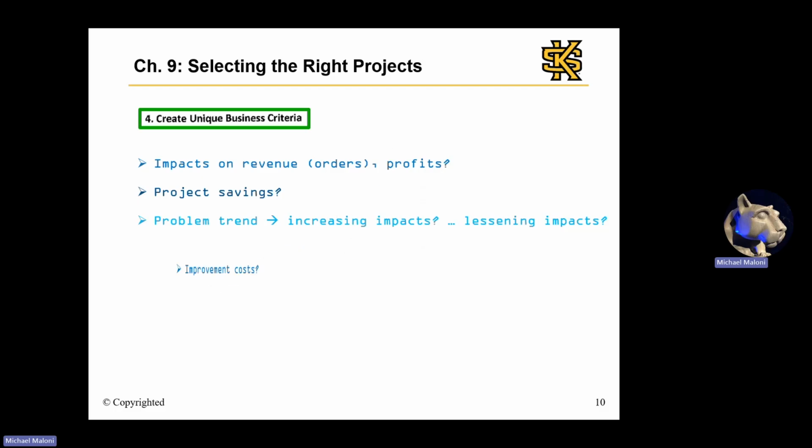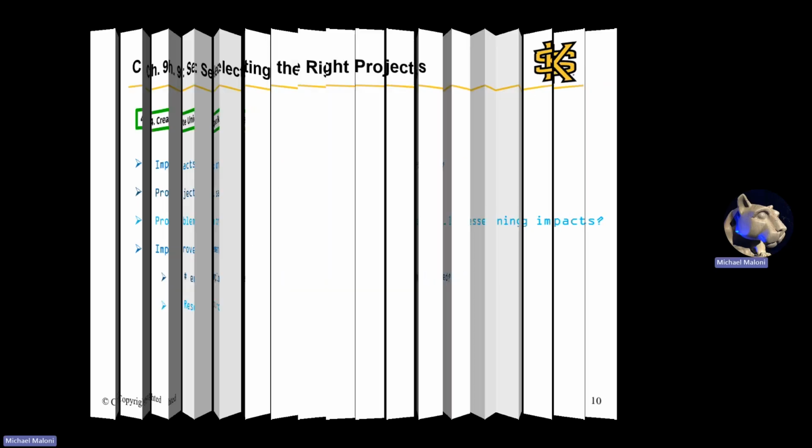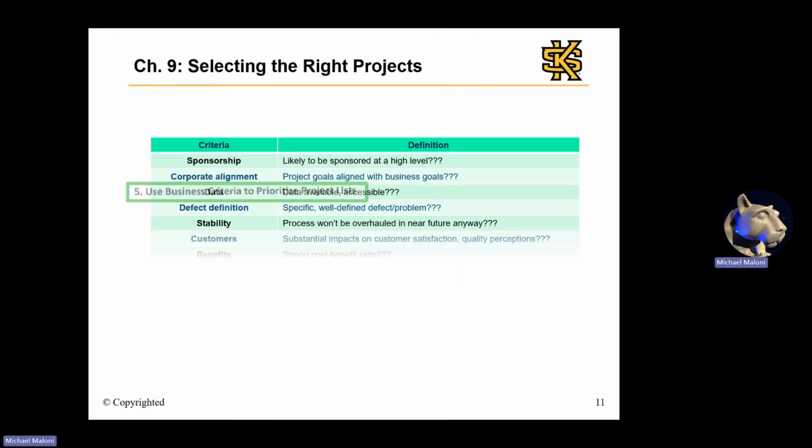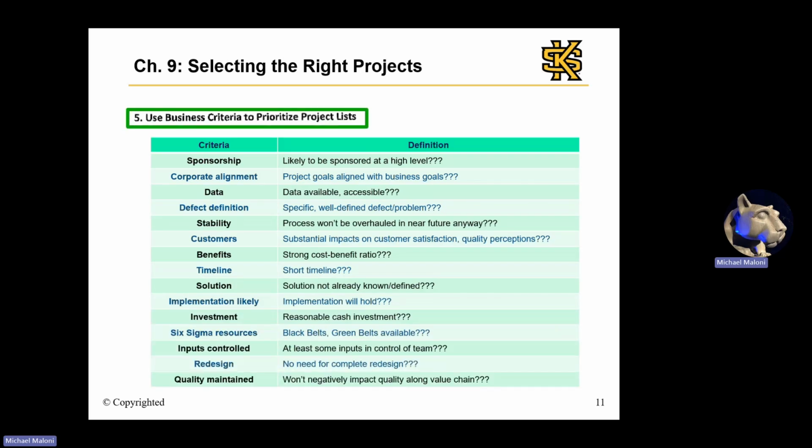We also might look at improvement cost, including the number of employee hours required, as well as other resources required. And finally, number 5, use business criteria to prioritize the project list. And these include more detailed criteria that we can apply in the project viability model.